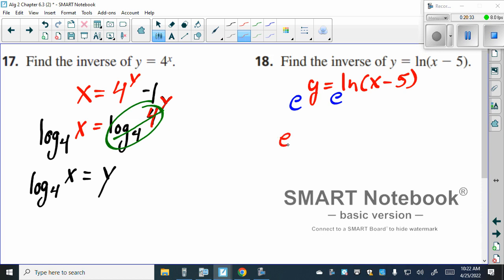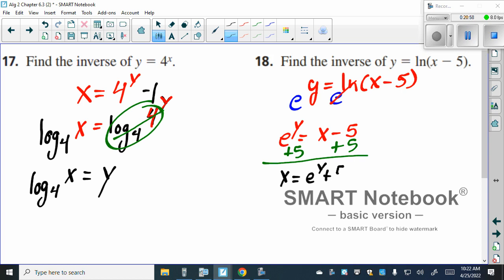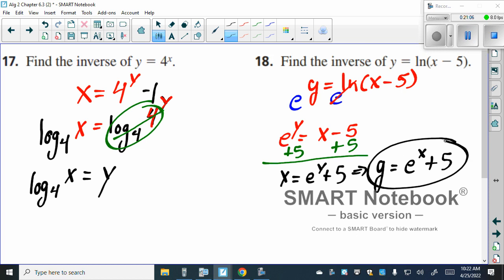E to the y is going to stay e to the y. ln and e will simplify each other out, leaving us with, what do we need to do next? Almost, not subtract. Add. Since the 5 is negative, we would add, telling us x is equal to e to the y plus 5. Or really, our inverse function is y is equal to e to the x plus 5. And that's it.